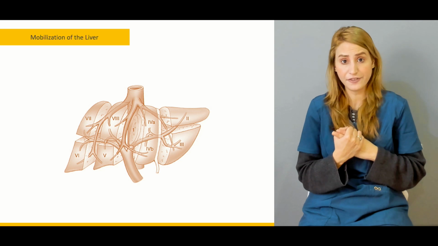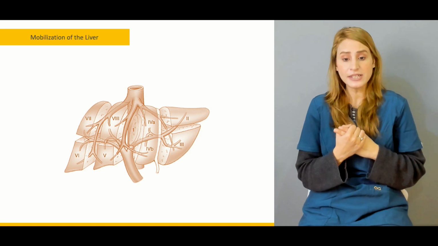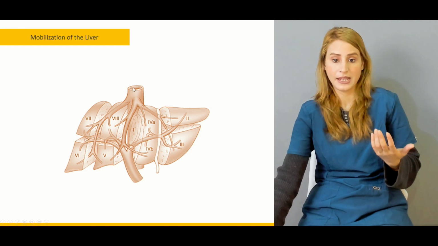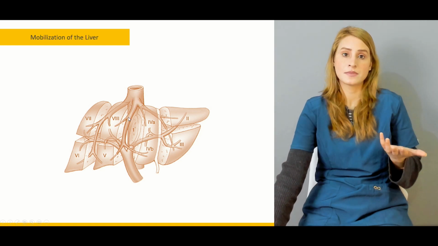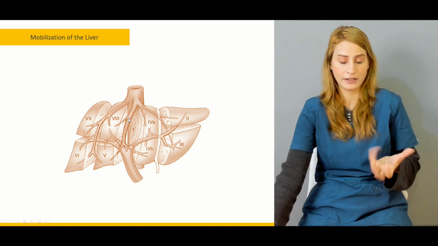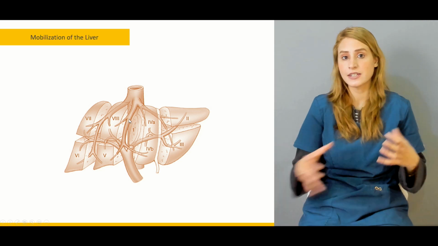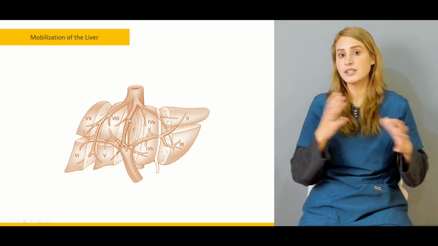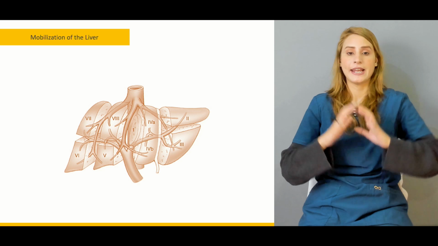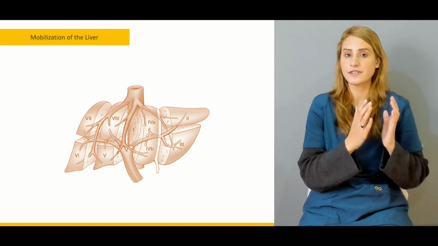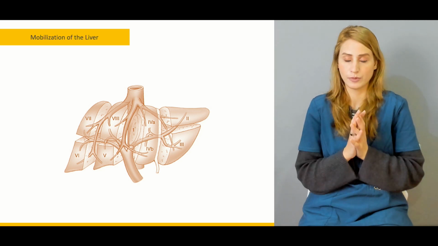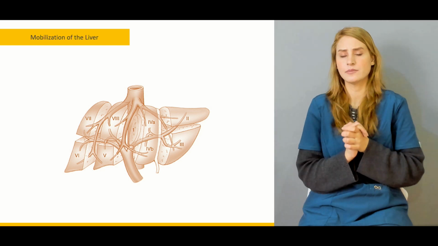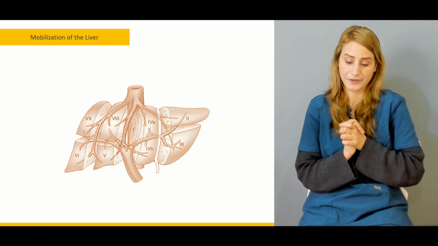So you divide the falciform ligament, and when you divide it, then come the right and the left triangular ligaments. First you divide the falciform ligament and you reach the part of the liver which is the technical demarcation between the right and the left lobe of the liver.